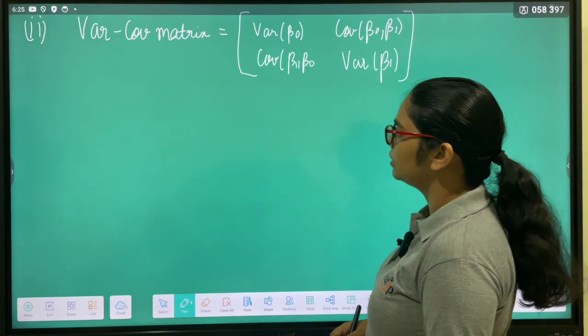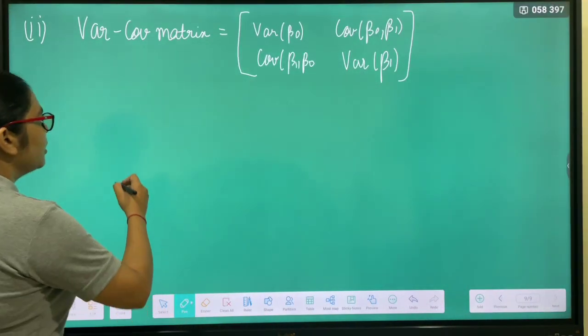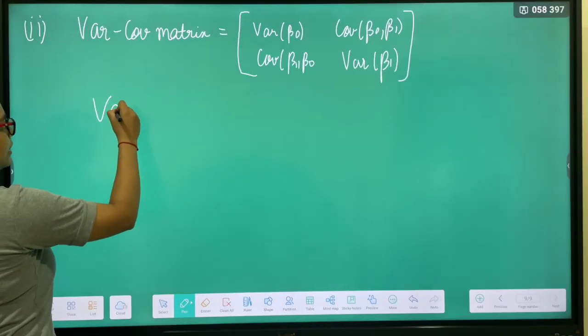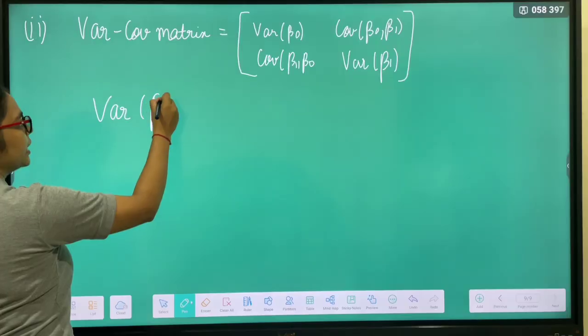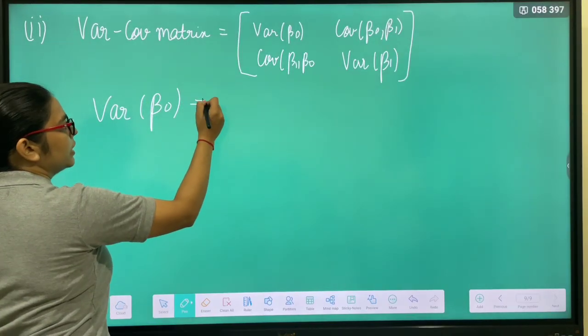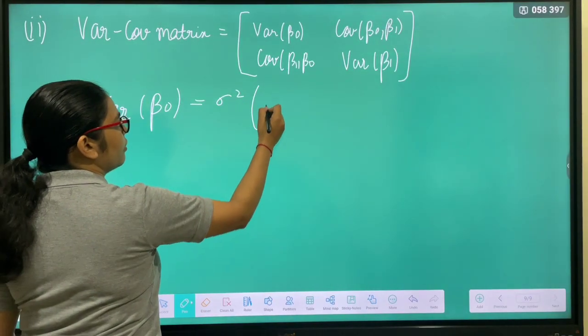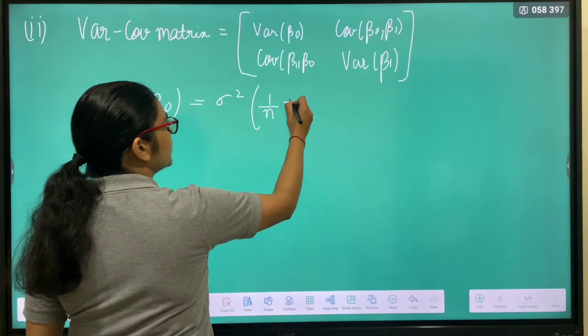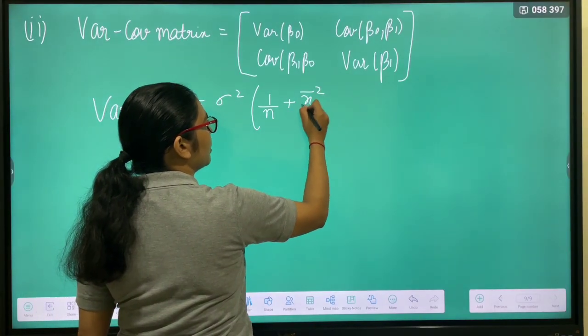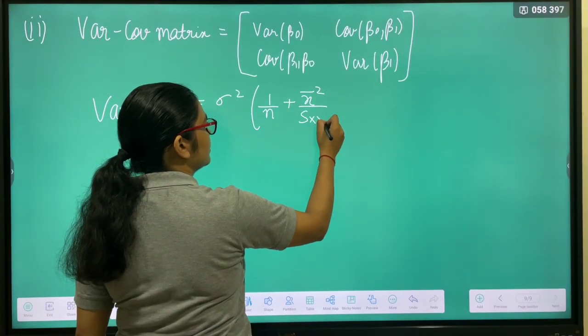Since we have calculated the variance of beta naught and beta 1, I am putting directly the values. Variance of beta naught is nothing else but sigma square into 1 upon n plus x bar square upon sxx.